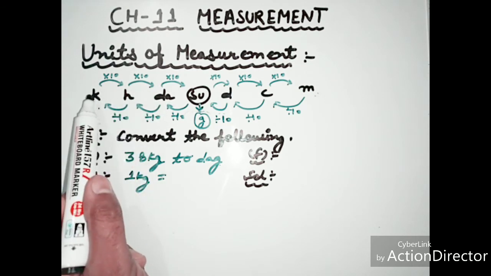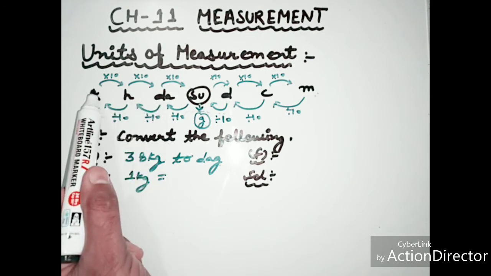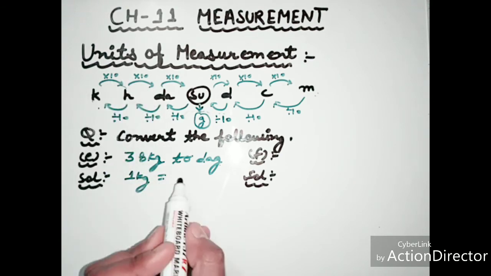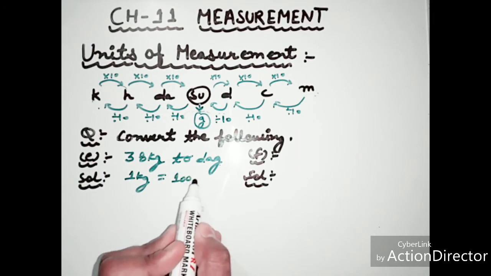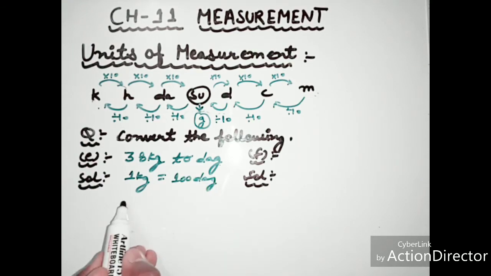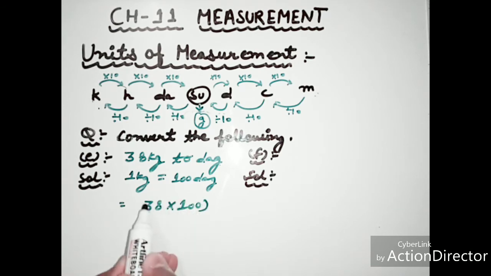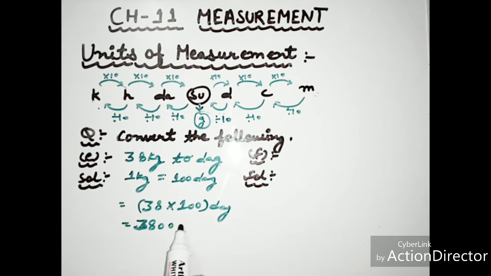So here we move higher to lower, and how many places? 2 places, 1, 2. So 1 kilogram equal to 100 decagram. So we multiply 38 by 100 and we get 3,800 decagram.